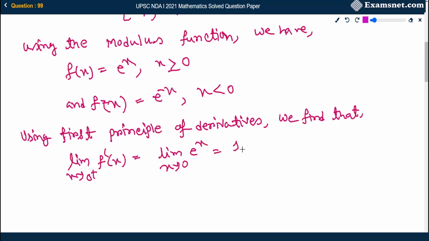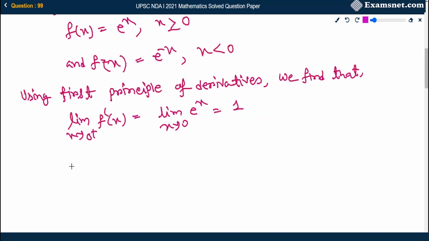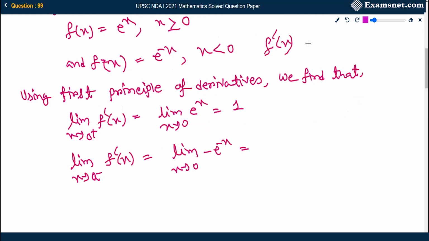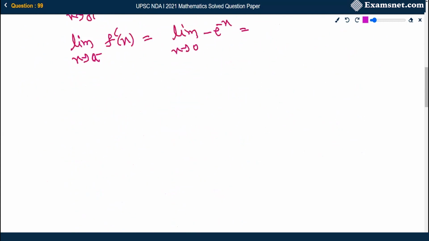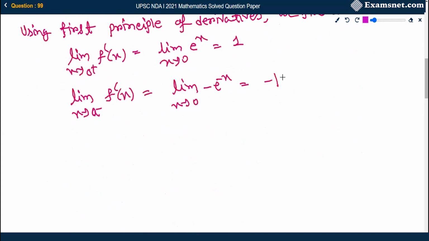So we will get 1. And for the left hand limit, x tends to 0 minus of e to the power minus x, since it's f dash x. So the first derivative of f of x will be minus of e to the power minus x, because when we differentiate e to the power x, we get e to the power x back. So here it will be -1.